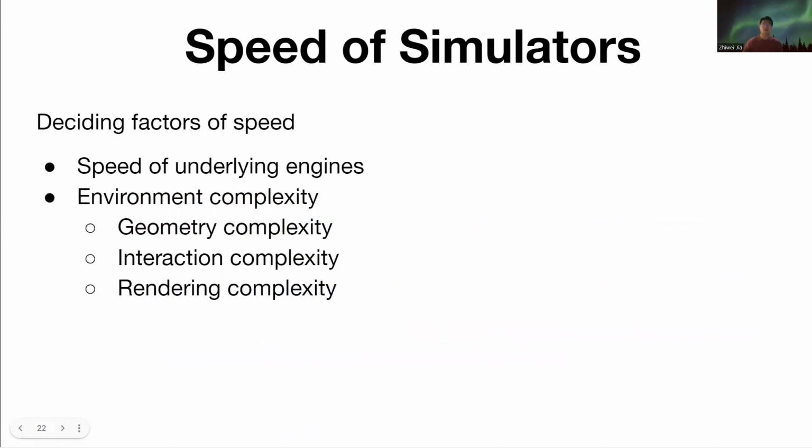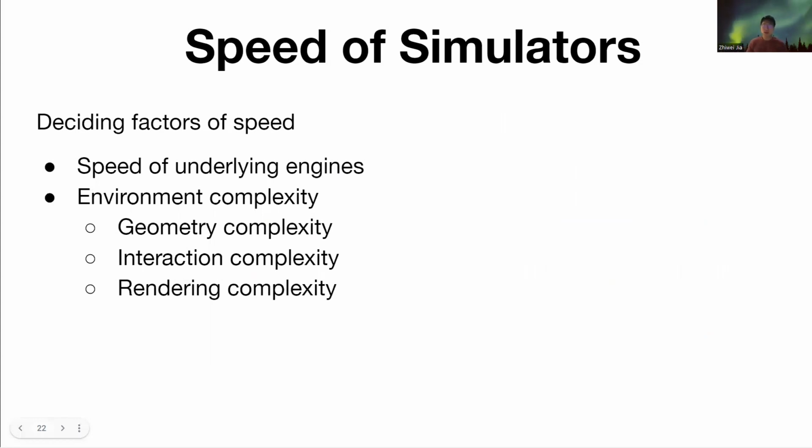So you might be curious, what are the factors that can have an impact on the speed of simulators? Well, the most obvious one is, of course, the speed of the underlying engines. But there are actually other factors that make optimizing, calculating, or estimating the speed of a simulator quite tricky.